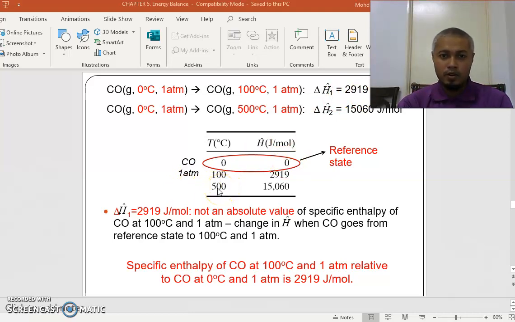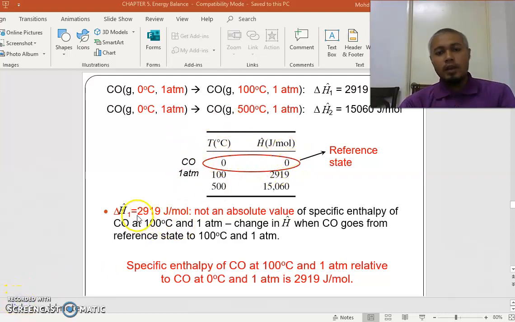The same goes here. If we look at 500 degrees C, and the reference state is at 0 degrees C, we take 15,060 minus 0. That's why we got this value, 15,060 joule per mole. This is very easy. The most important thing is to determine which value will be the reference state for this system.